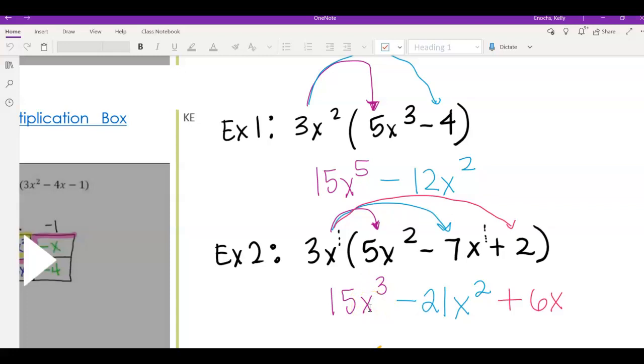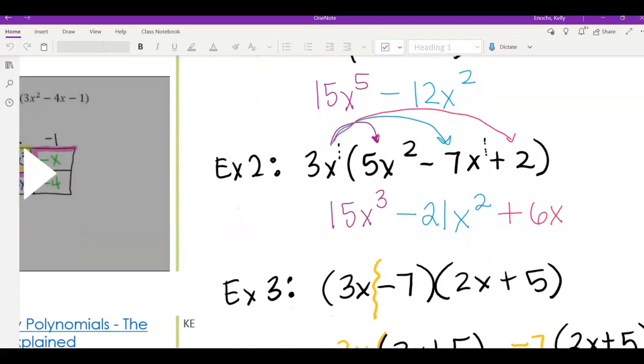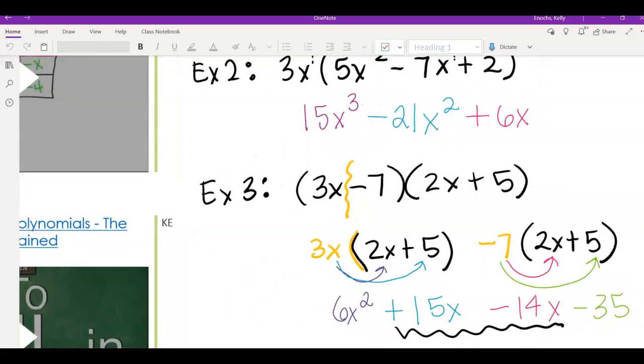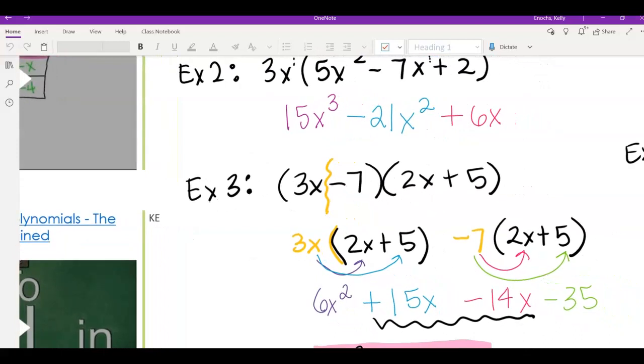Okay? Now, when you come to two binomials, you can think about it as two distributive property problems. So you could think about it as taking this first group and chopping it in half and making this first term distributed to the whole second parentheses and the second term distributed to the whole second parentheses.